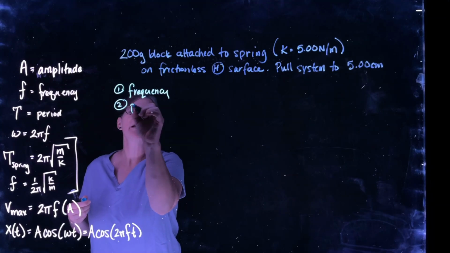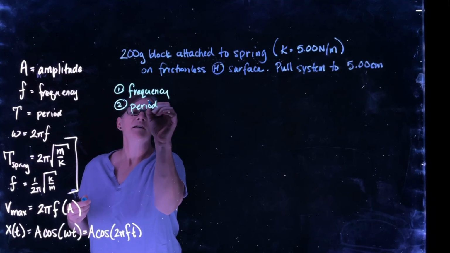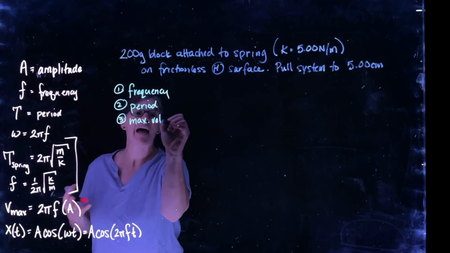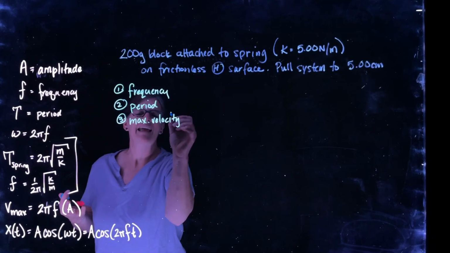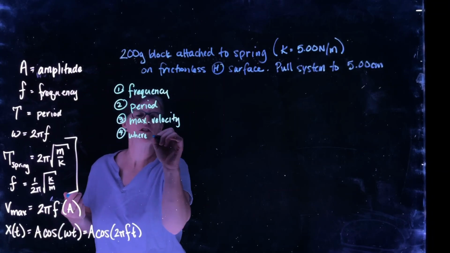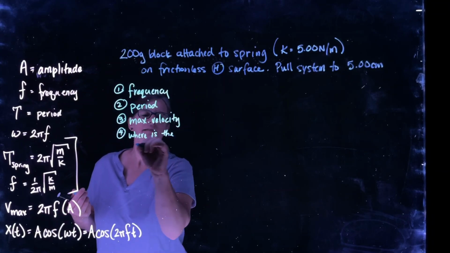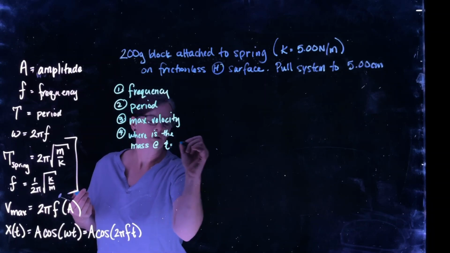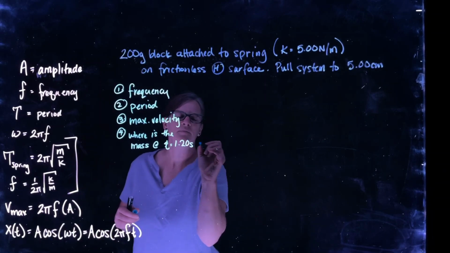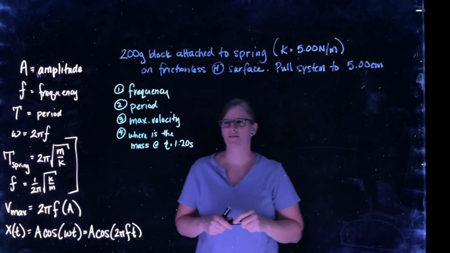What is the period? What's its maximum velocity? How fast did we get this moving? And then where, relative to its rest position, is the mass at time equal 1.2 seconds. All right, so those 4 questions.